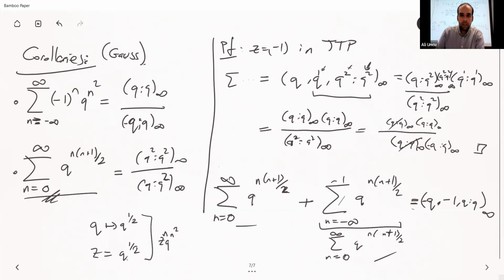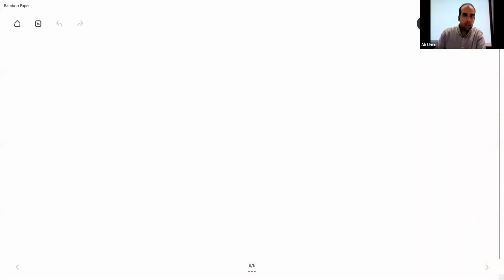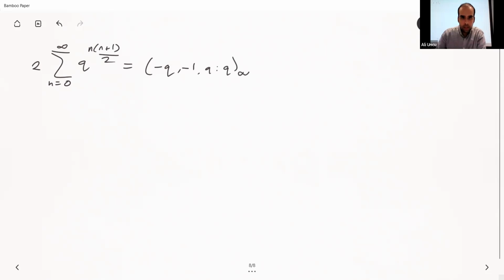Then what we learned is that 2 copies of the sum from n equals 0 to infinity of q to the triangular numbers is minus q, minus 1 over q, q base q sub infinity. This portion came from the Jacobi triple product identity. That 2 came from that switching.